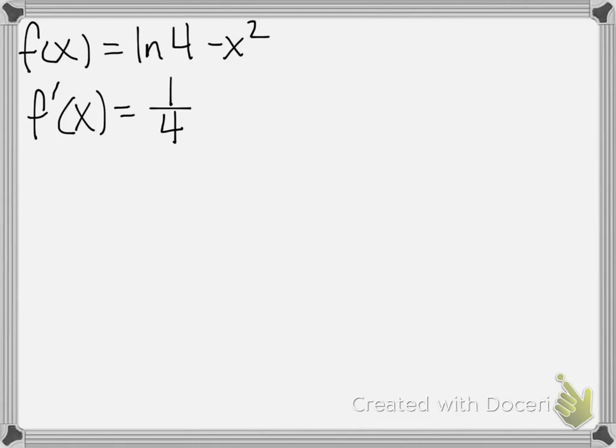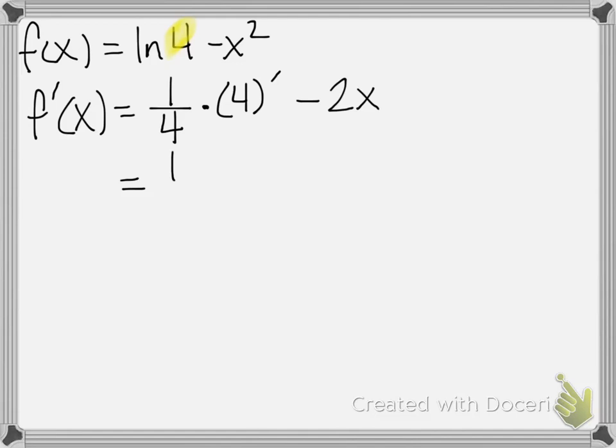When you see the ln of something, you just put 1 over something times the derivative of that something. So there's the derivative of our ln 4, and then it's going to be minus 2x.